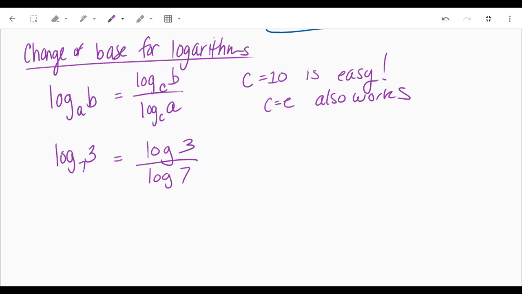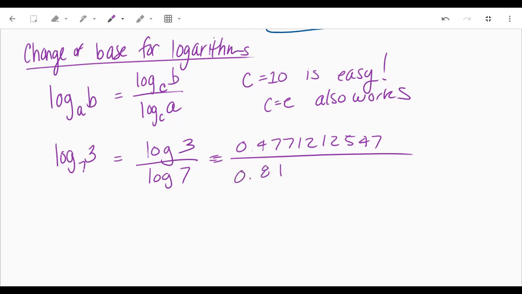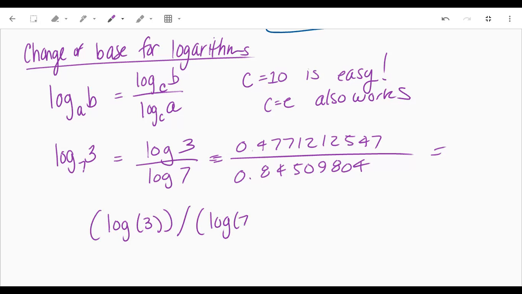And on my calculator, when I do log 3, I get 0.47712125547 to 10 decimal places. When I do log 7, I get 0.8450980. Okay, and that will give me an answer. And in fact, I can just do it in parentheses on my calculator screen. I can do parenthesis log 3 divided by parenthesis log 7.